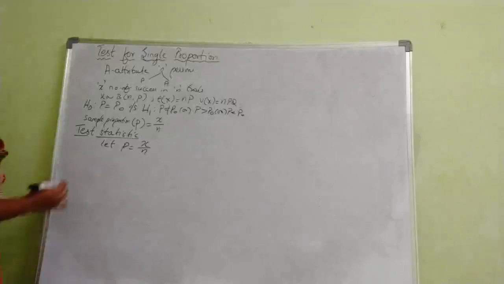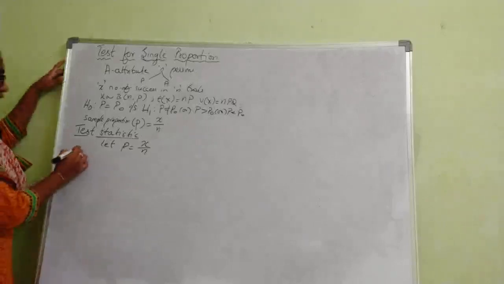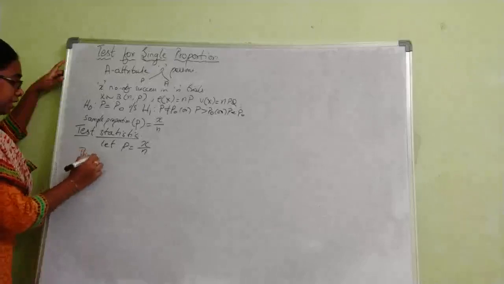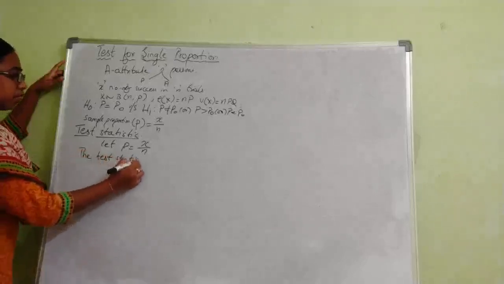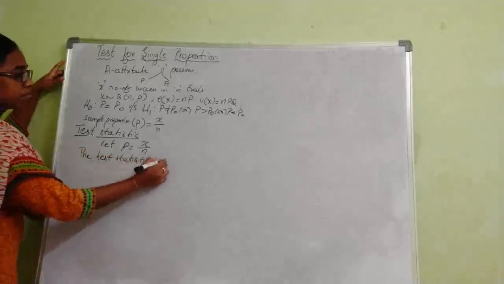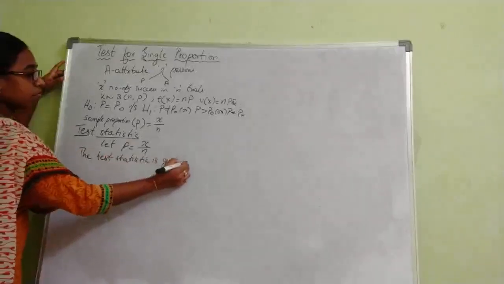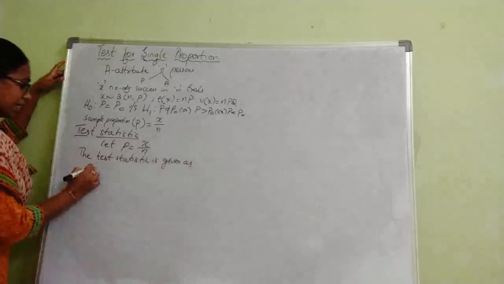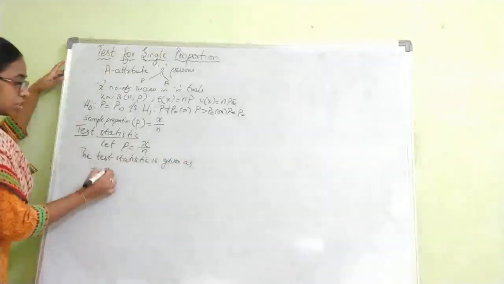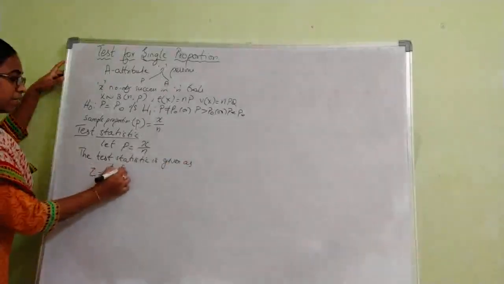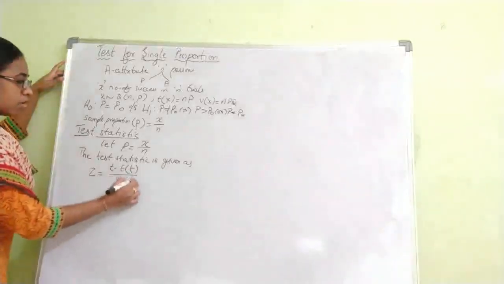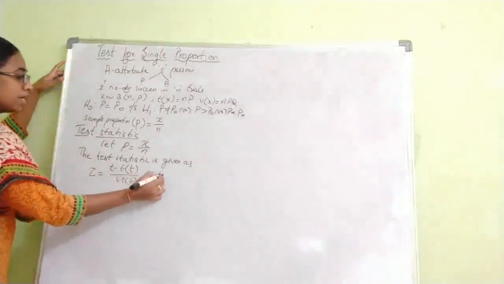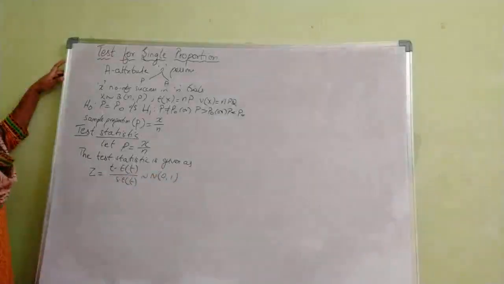Now we know what the test statistic is. Generally the test statistic is given as Z equals t minus expectation of t divided by standard error of t, which follows the normal distribution with 0, 1.